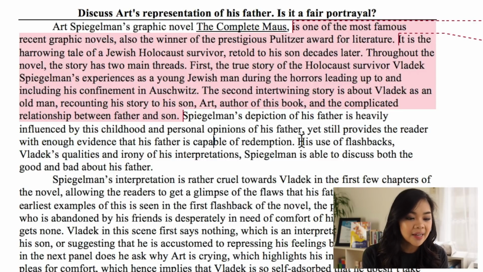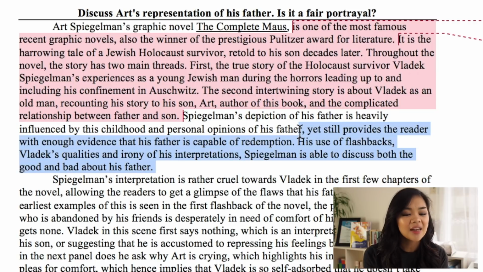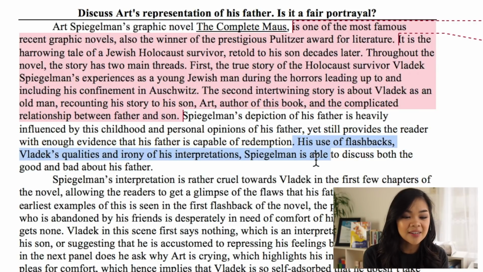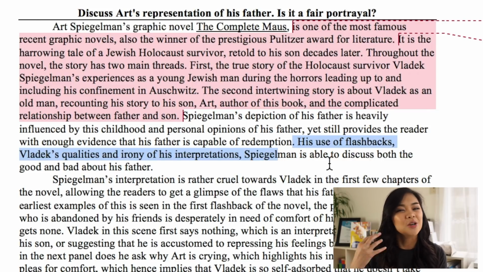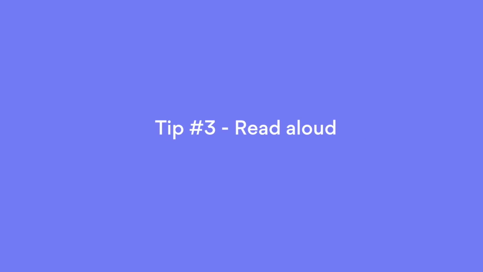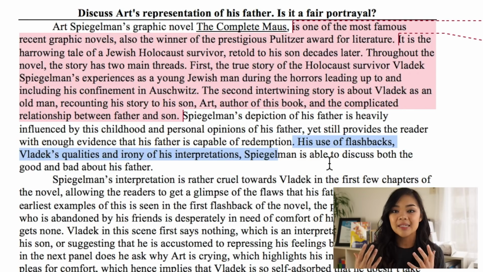His use of flashbacks, Vladek's qualities and irony of his interpretation, Spiegelman is able to discuss both the good and bad about his father. Okay, the expression here is not great. I don't know if you guys can hear it, but that's why I love reading out loud whenever I'm marking essays or proofreading my own essays, because it means that I can hear straight away what's wrong.